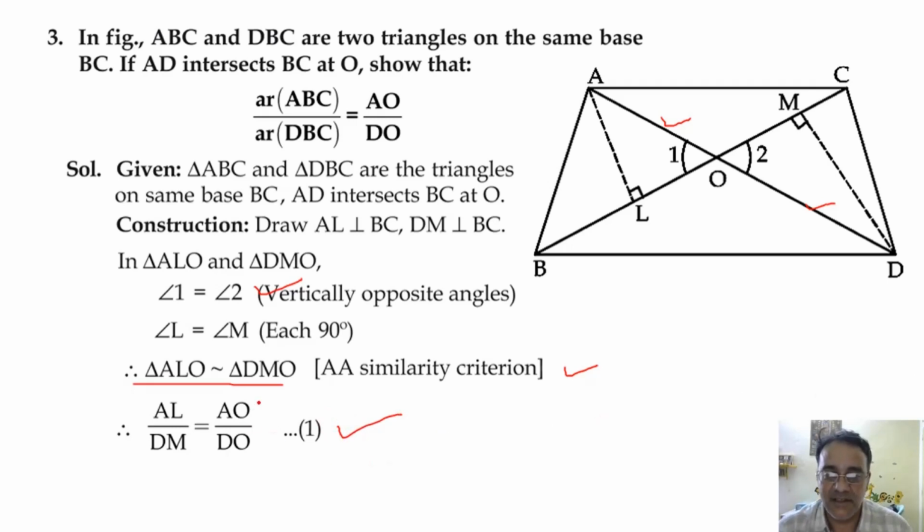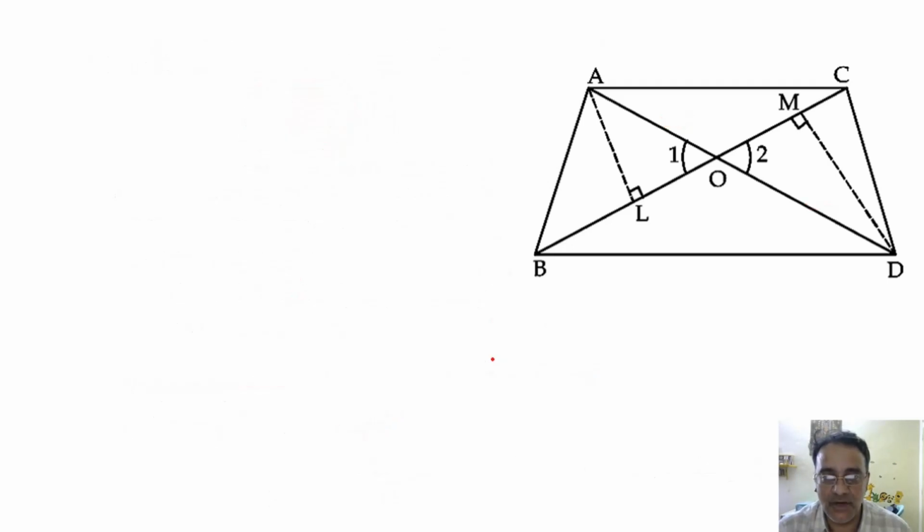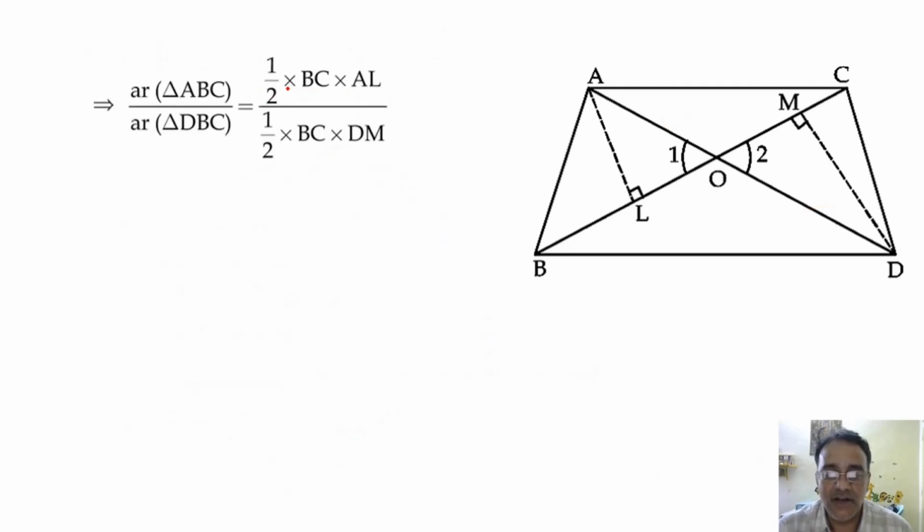Is this step clear to all of you? Yes, sir. Okay. Now what is the area of this triangle? What is the formula of area of triangle? Half into base into height. Right. So look carefully, half into BC as base, the base of both is the same, into height AL for this triangle and DM for this triangle.